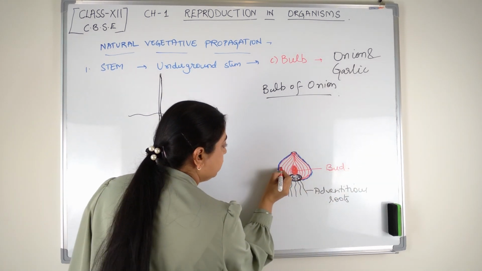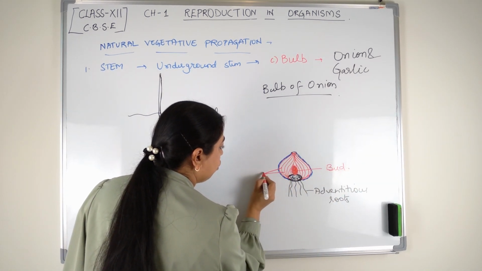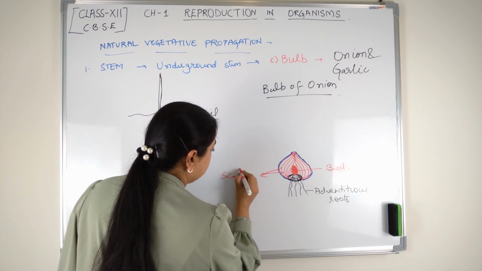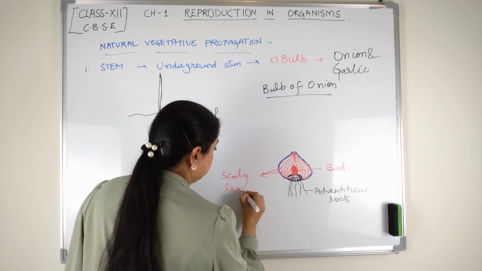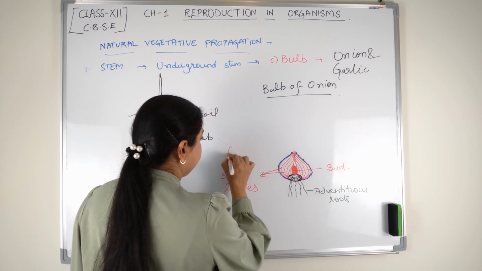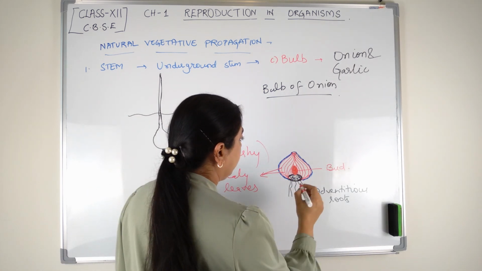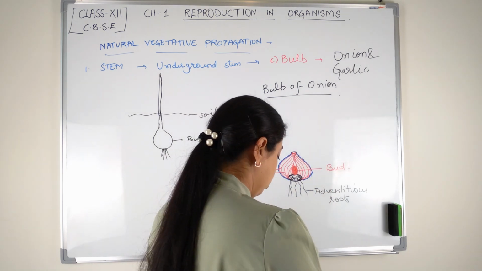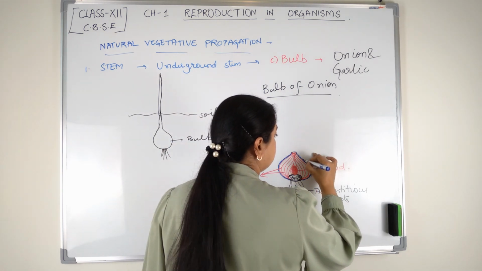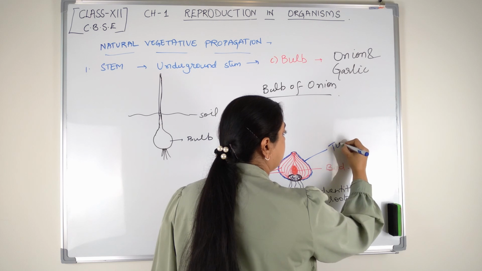These are the whorls of scaly leaf or fleshy leaves. They are fleshy in nature. Externally, there is a covering which is known as, this dry covering is tunica.